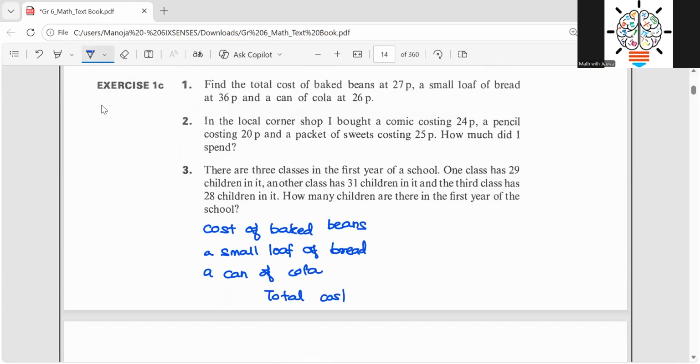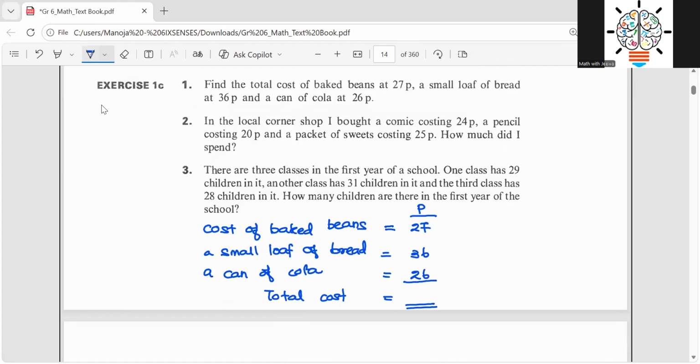You want to show the statements like this. Then you write the equals mark like this, okay? And then here you write pence, that is the unit. You write 27 and 36 and 26. And then you add them together to get the answer, right?